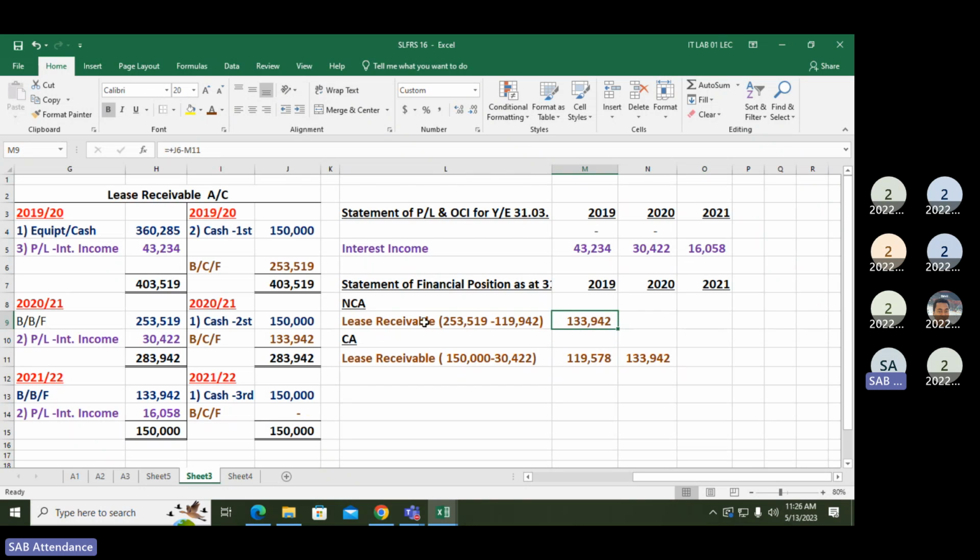Then the lease receivable non-current part, the balance, will become current at the end of the next year because it's a 3-year lease, right? So at the end of the 3rd year, no lease receivable. The full lease receivable amount, this 133 received with 150 when you leave out the interest, so no balance.